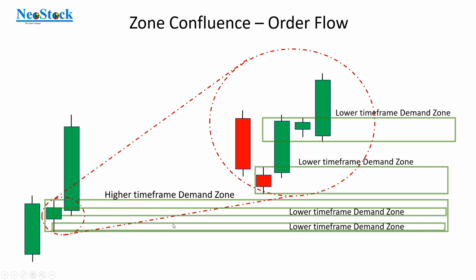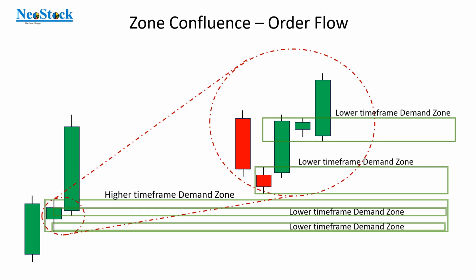When you are doing that, sometimes you may find only one order flow, as you saw in the previous example, or you may find multiple order flows, as you are seeing in the current example. Always remember the real order flows will be at the lower time frames.